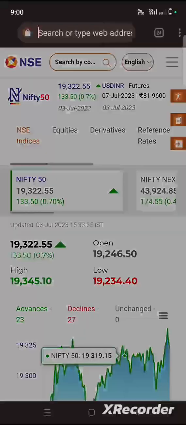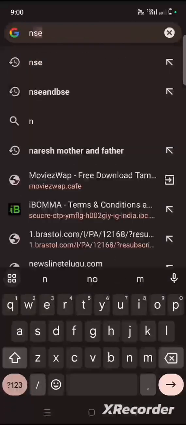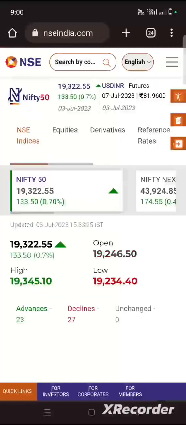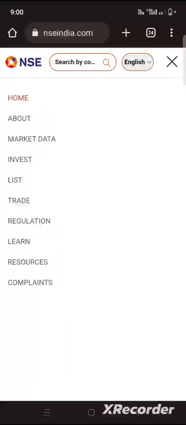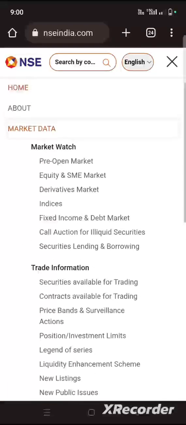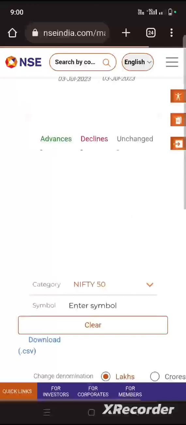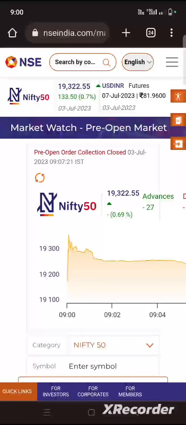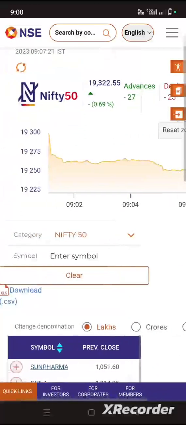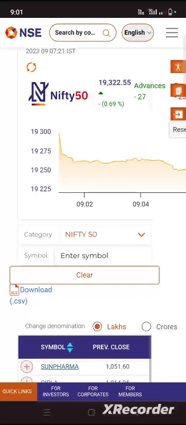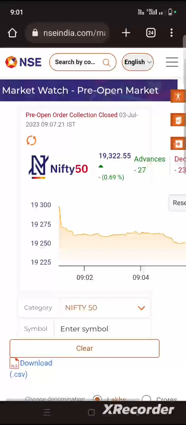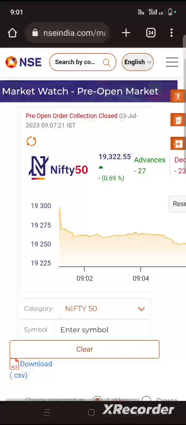So first, what you need to do is go to nseindia.com. From there I select market data. Here I'll select pre-open market. Here I get the pre-market details.